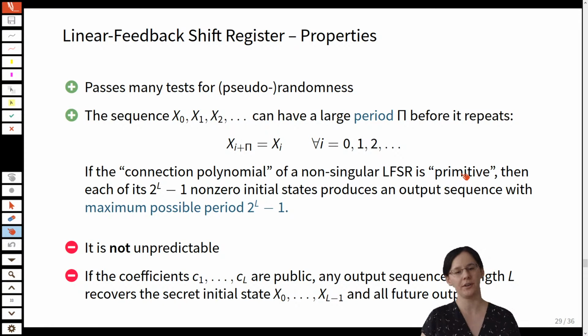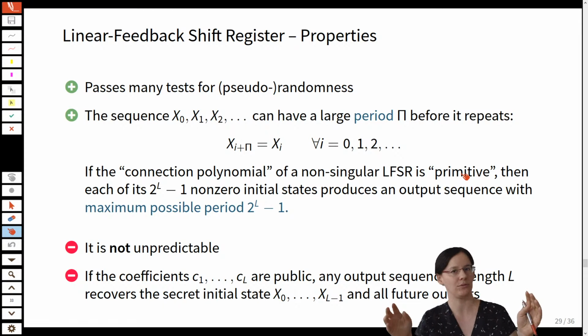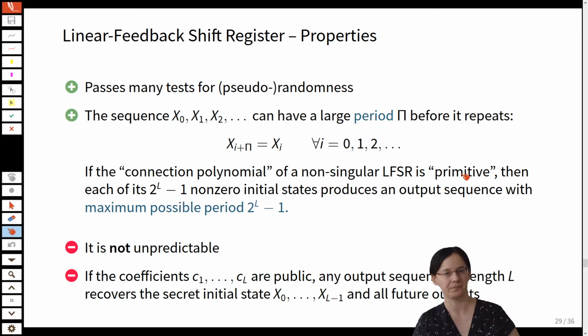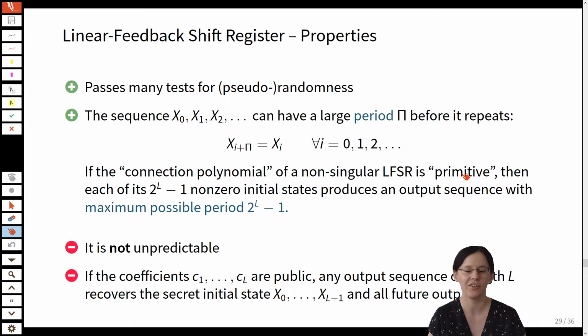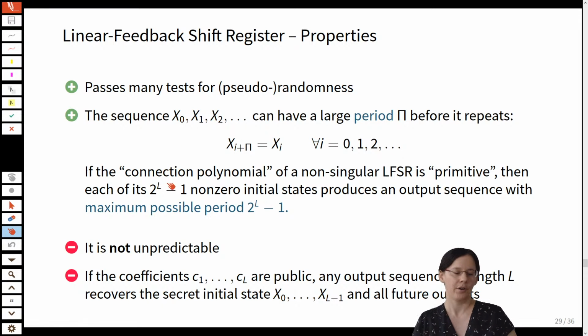Every non-zero initial state has the maximum period. Of course, the 0 initial state is pretty boring in an LFSR, because if all the initial bits are 0, every bit produced afterwards is the XOR of some zeros and will also be 0. So the all-0 initial state is not usable in LFSRs, but any other initial state will have the maximum period.